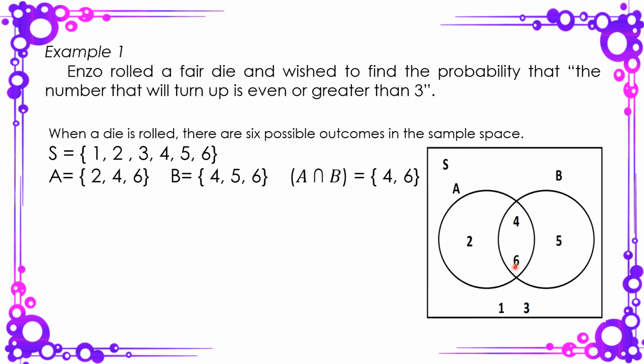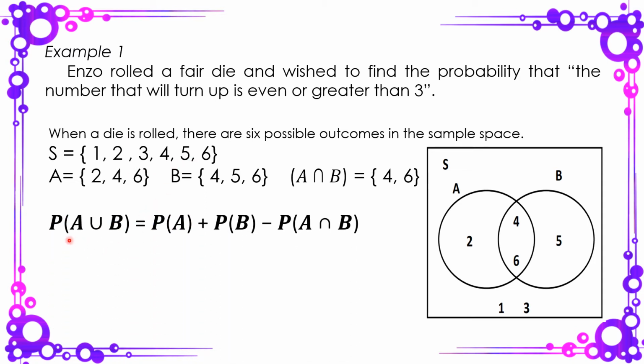Of course, we write the numbers 4 and 6 in the overlapping part of the circles to show that this is the intersection, because 4 and 6 are the same elements in events A and B. And of course, you see outside the circles the numbers 1 and 3 because they are not included in events A and B. So this is the possible outcome when we roll a die.